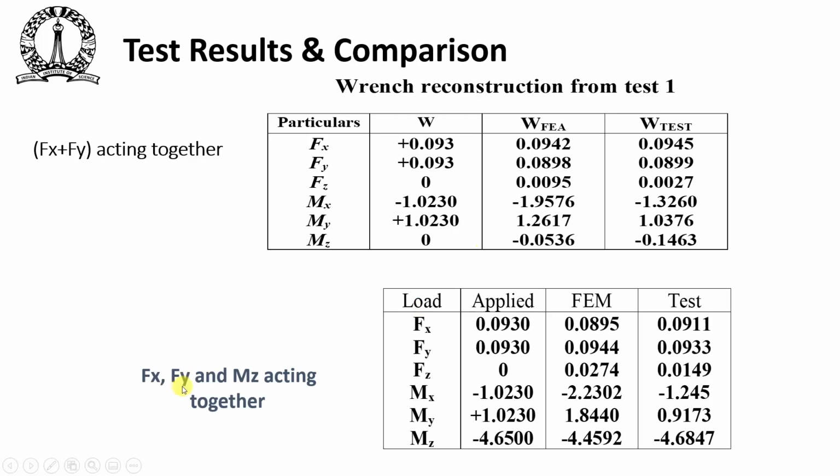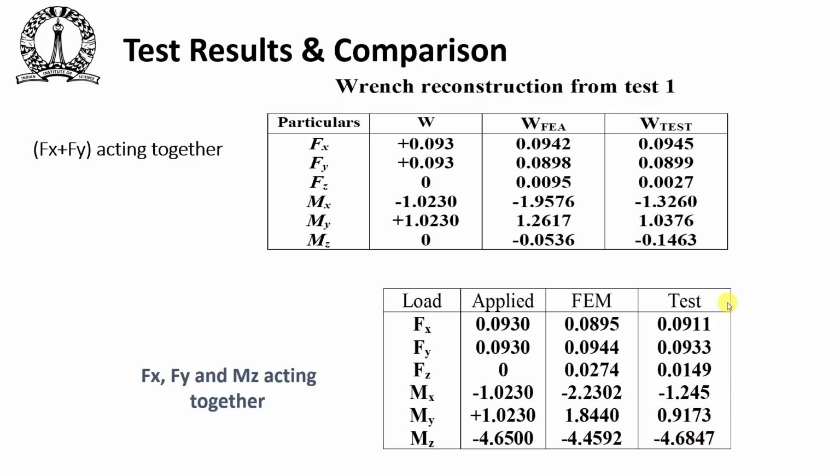If you apply Fx, Fy, and Mz together, so we are applying 0.093 and some Mx, My, and Mz. What we can see, the finite element analysis is telling you that these are the values which you should get from computation. The test is telling you these are the values which you should get.